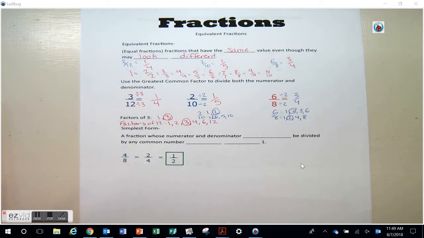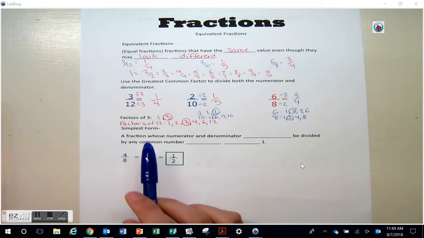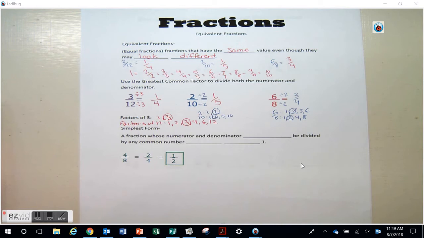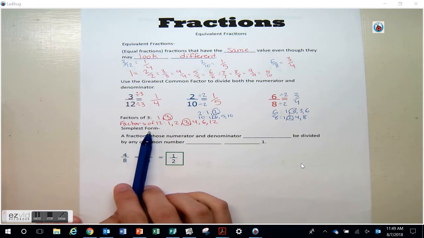So here we're able to use that greatest common factor to find an equivalent fraction. After a lot of practice, you're going to be able to come up with the greatest common factor in your head, and you might not have to use these to help you. Now, sometimes people, like before when we had those 4/8 and 2/4, prefer to have a fraction in simplest form.